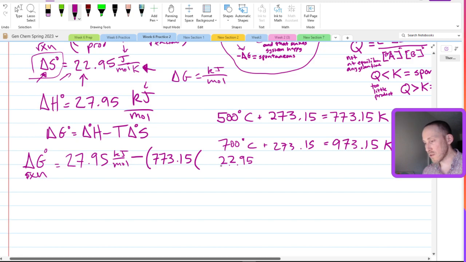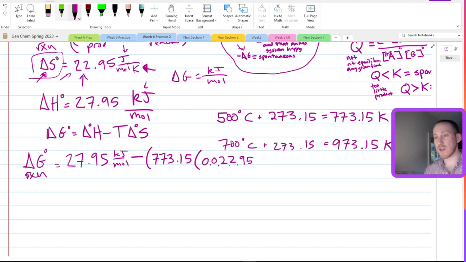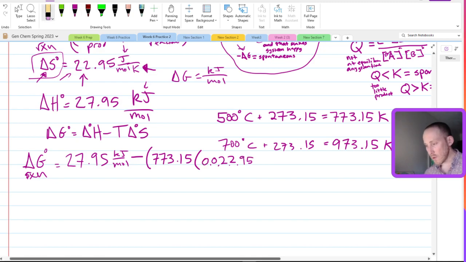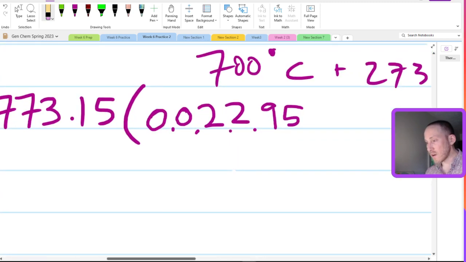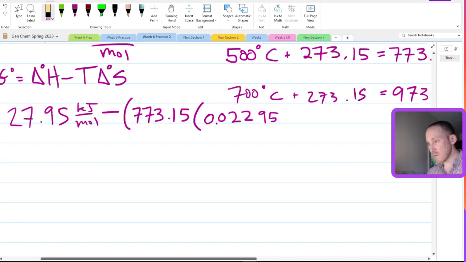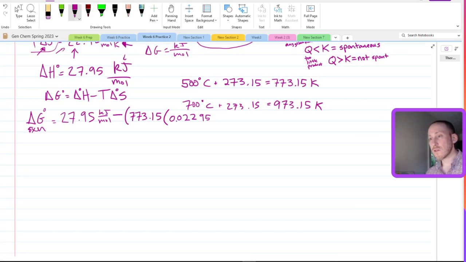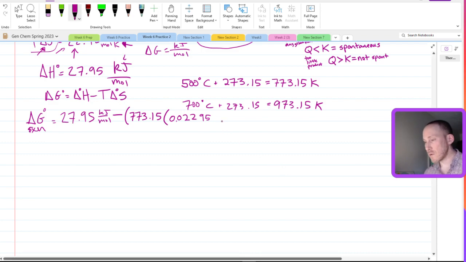Let's move it once, twice, thrice, and we need to fill in that 0. That's what I usually do when I do this kind of thing. So now we've converted to kilojoules per mole Kelvin. Oh, and that's Kelvin. Should have written that, of course.